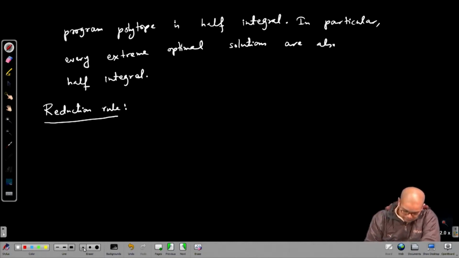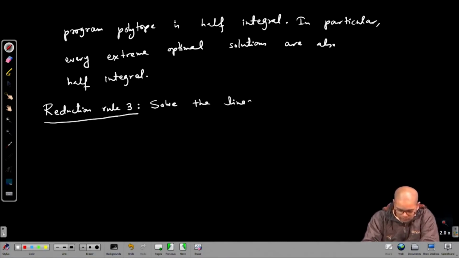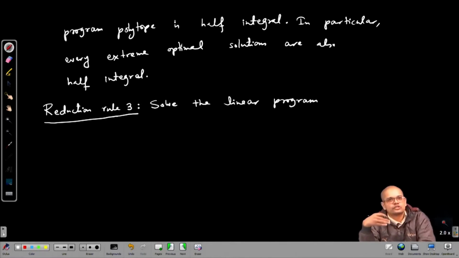We have reduction rules 0, 1, 2 before, now we have reduction rule 3. What does this reduction rule say? First we apply reduction rules 0, 1 and 2 as long as we can, and then we apply reduction rule 3.